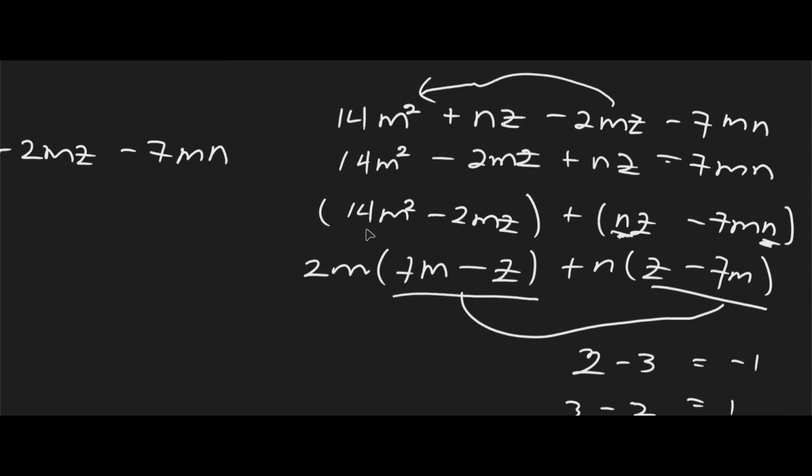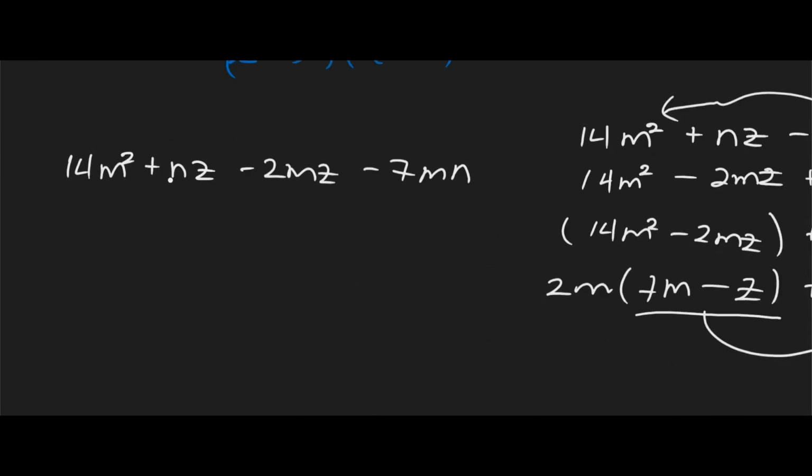It was 14m squared minus 2mz. So I'm going to change the last two expressions. It was 7m minus z, and this one was z minus 7m. So I just have to change the positions of this and that, and it will be similar to this one. Do you understand what I'm trying to say? So that's what I'm going to do here.